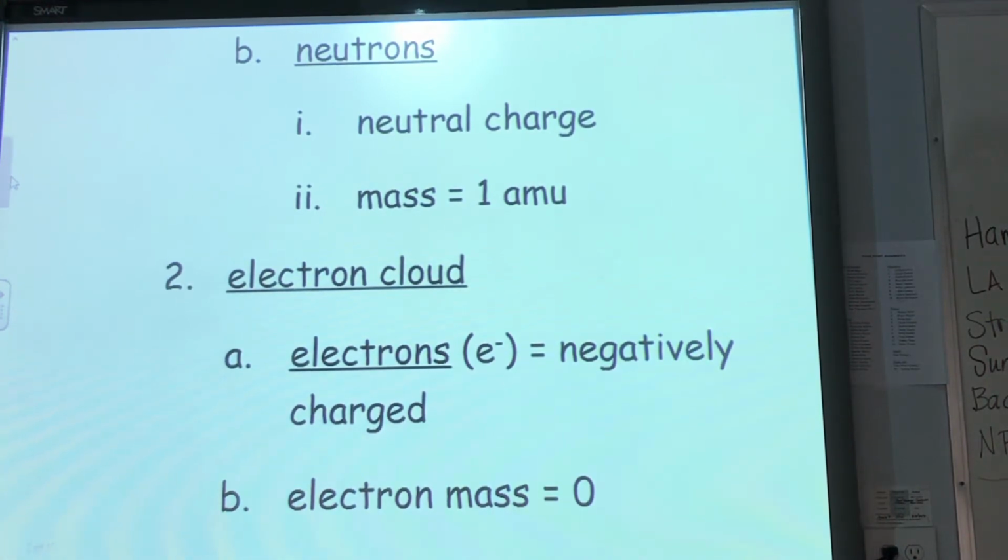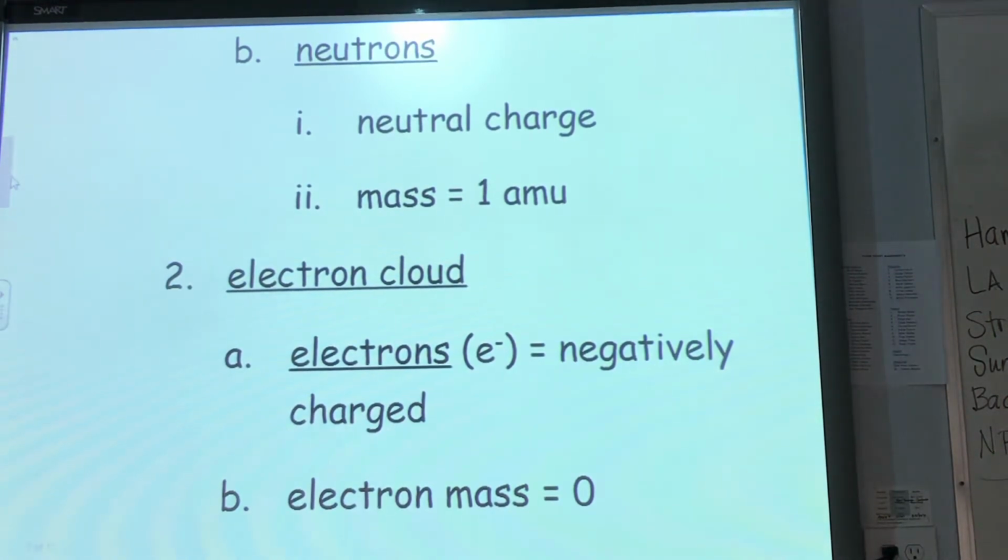So if you have a bunch of protons hanging out in your nucleus, for instance, uranium is an element that contains 92 protons in its nucleus. All those protons are kind of wanting to get away from each other because they're all the same charge. So we believe that that's the point of the neutrons.